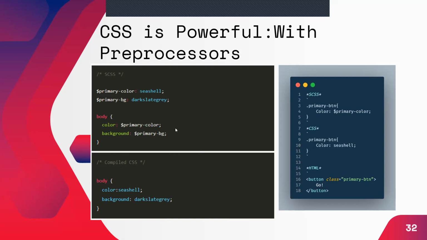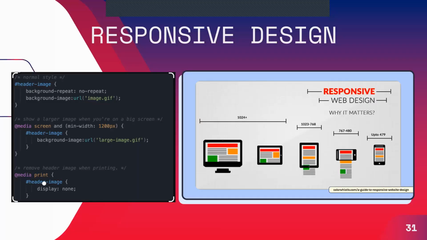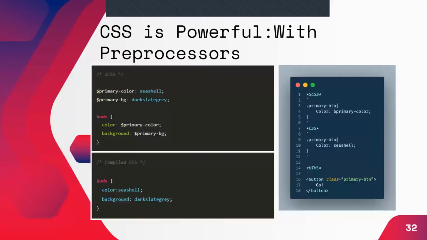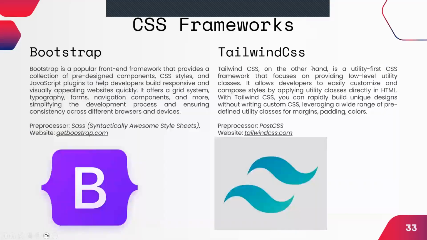Now, with preprocessors, we can actually create the themes I was talking about. So our buttons can have the same color depending on the functionality. So if you have an apply button, a buy button, you could have different colors, and that would create an overall theme. And that's why you hear things such as frameworks. These are the most famous frameworks in the market: Bootstrap and Tailwind CSS.